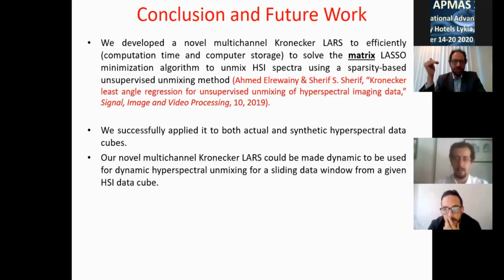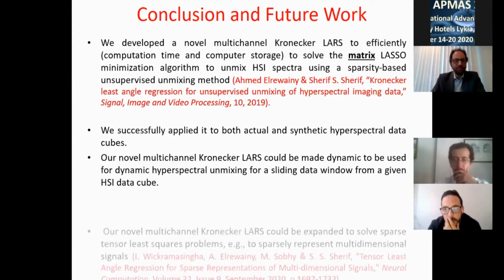There's also a newer, more favored technology now called push broom, where it images one line after another. So we are extending our method to be dynamic, so that you can do this unmixing in an even more efficient way by solving one problem. When you go to the next line, you don't have to start from scratch. You're just updating these results as you scan through the data.